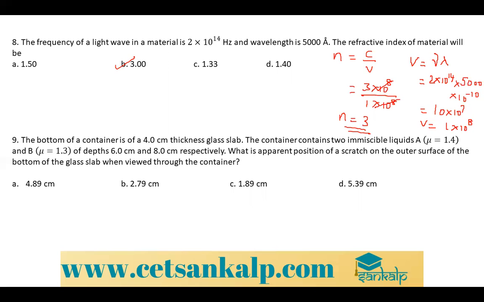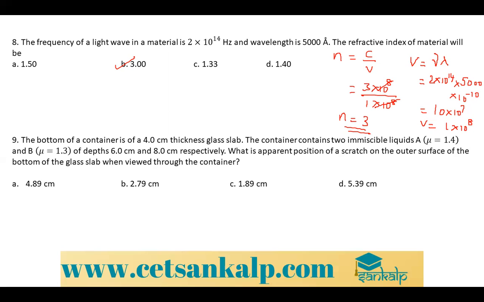Done. Next, look. The bottom of a container is a 4 centimeter thick glass slab. The container contains two immiscible liquids A and B of depth 6 centimeter and 8 centimeter respectively. What is the apparent position of a smudge on the outer surface of the bottom of the glass slab when viewed through the container?